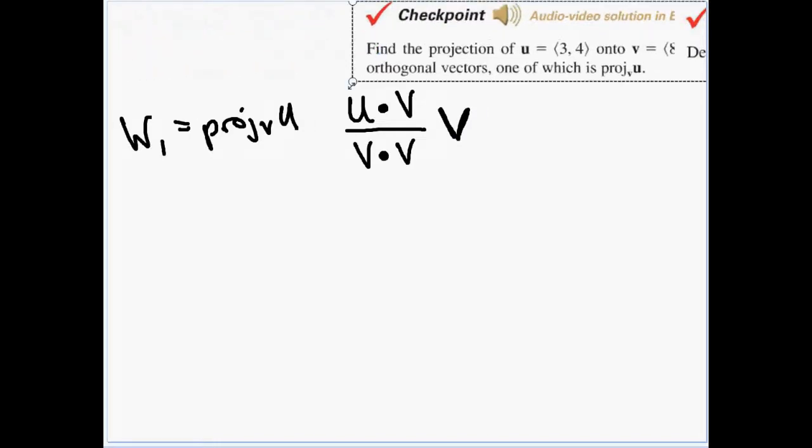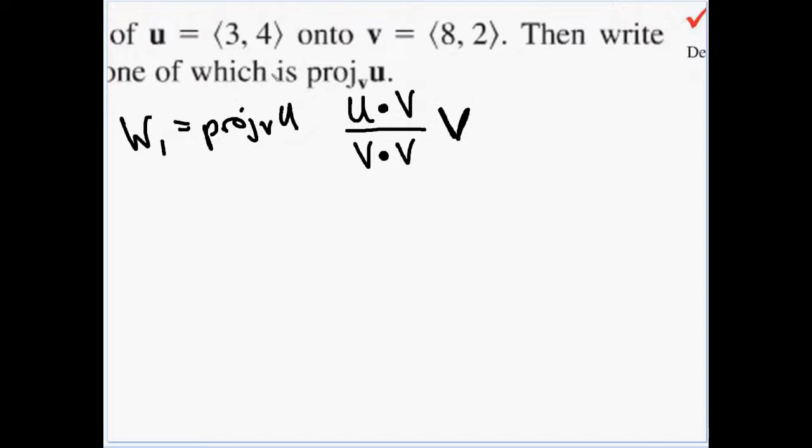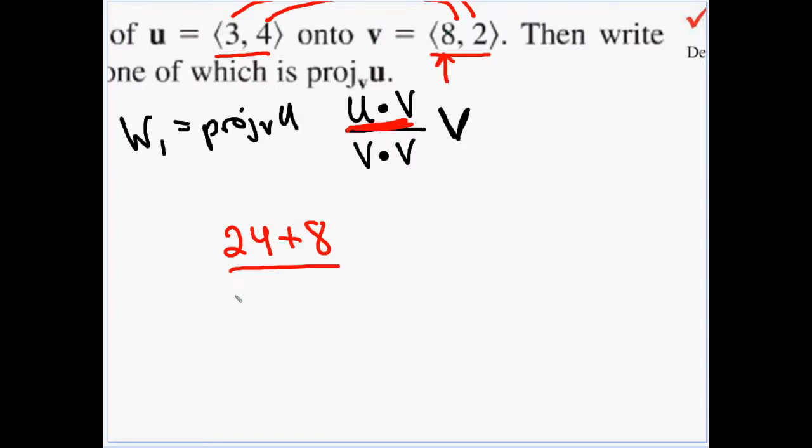Let me enlarge my vectors a little bit here. There we go. And I'll underline them in red. So our numerator is u dot v, so we multiply the 3 times the 8, 24, plus 4 times 2 is 8. There's our numerator. In the denominator, we will dot v with itself, so we do 8 times 8, plus 2 times 2, 4.